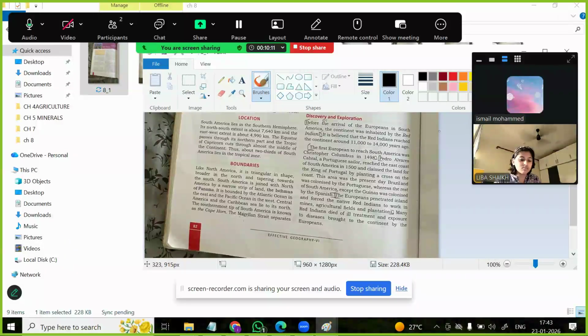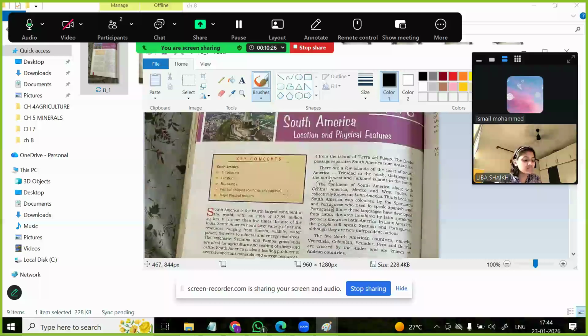Central America and the Caribbean Sea lie to its north, and the southernmost tip of South America is known as Cape Horn. This is also an important question. What is the southernmost tip of South America? It is called Cape Horn, and Magellan Strait separates it from the island of Tierra del Fuego.